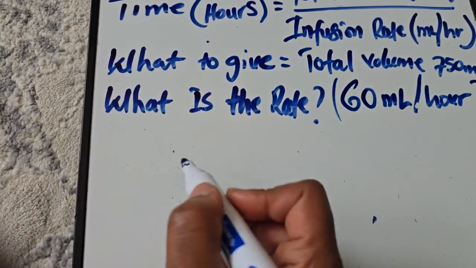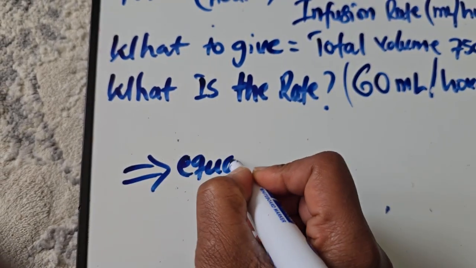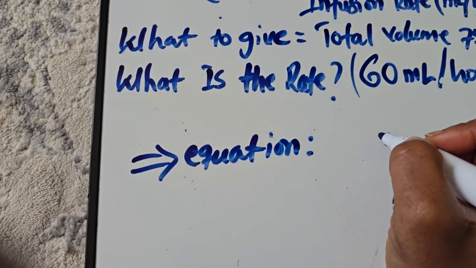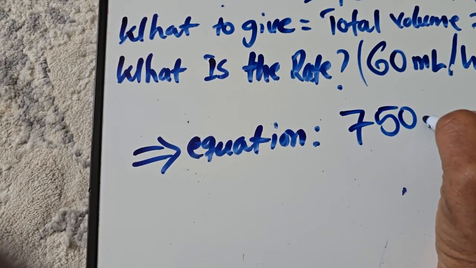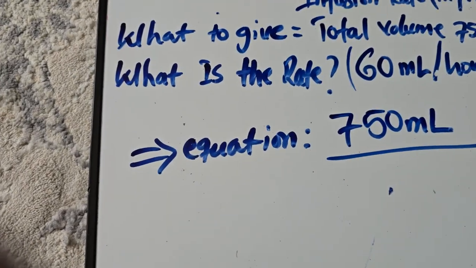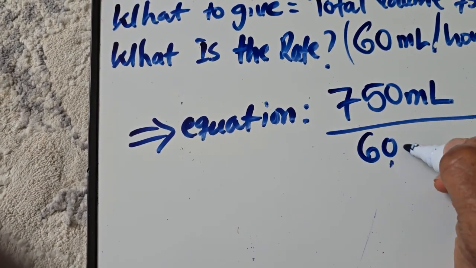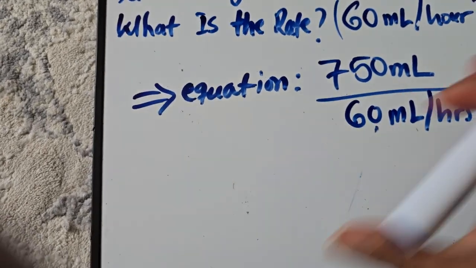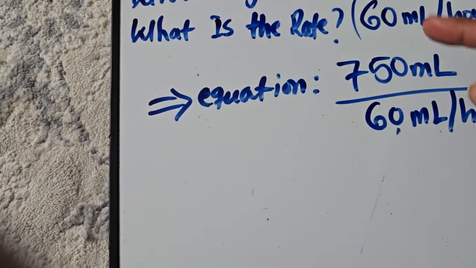So the equation will be 750 and then we're going to divide that by the 60 ml per hour. So 60 ml/h.